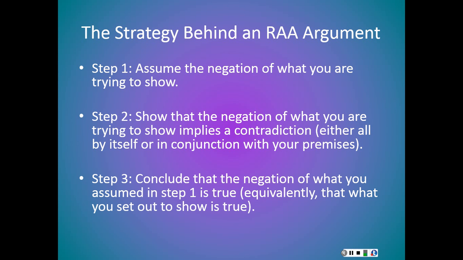So this entitles you to conclude that the negation of what you assumed in step 1 is true. But the negation of what you assumed in step 1 is the negation of what you are trying to show. So by showing that the negation of what you assumed in step 1 is true, you have showed that what you are attempting to show is true.